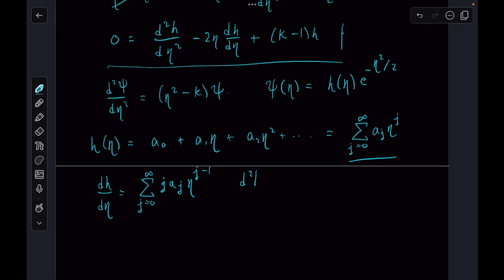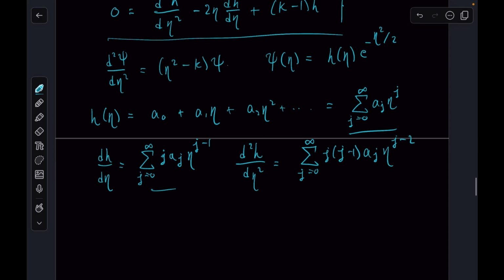And our second derivative is going to look similar, now I just differentiate this. But notice here, the first two terms are going to be 0. So we can substitute j plus 2 for j, and then take that infinite sum starting from 0.